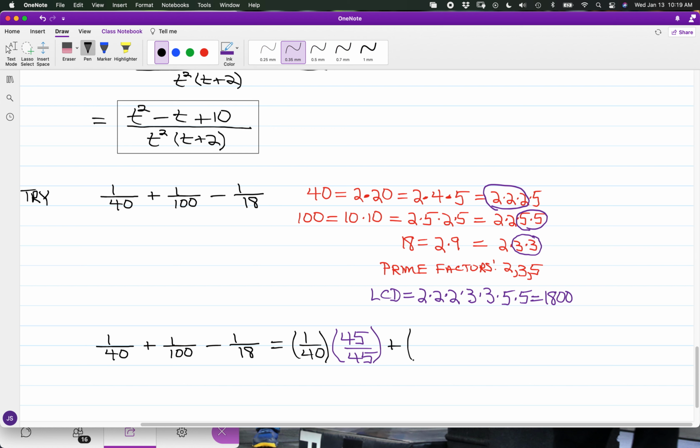And we have plus 1 over 100, writing this as a fraction with 1,800 in the denominator. So we multiply this ratio by 1 in the form of 18 over 18. You have minus 1 over 18, and 18 will go into 1,800 100 times.